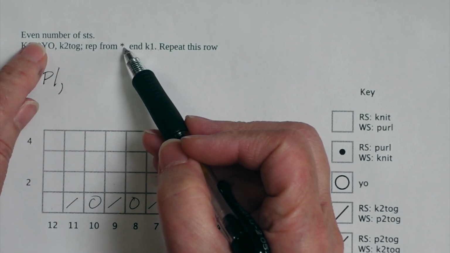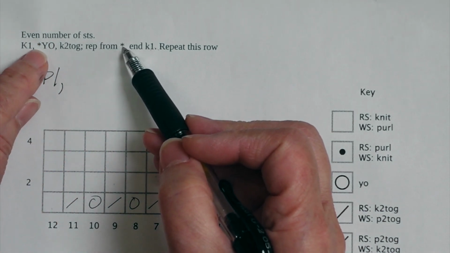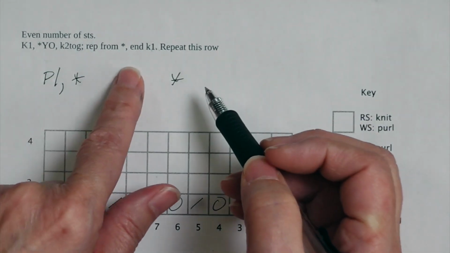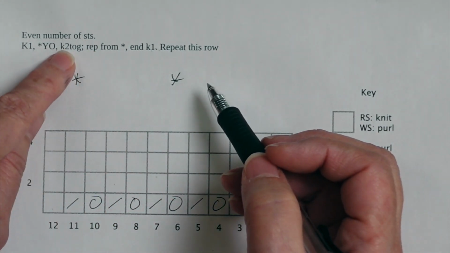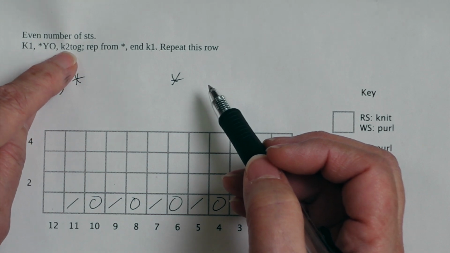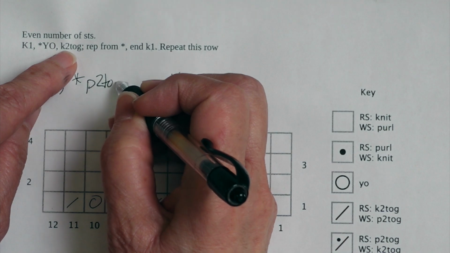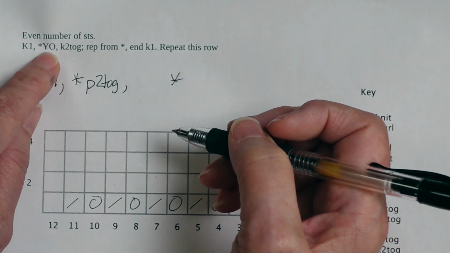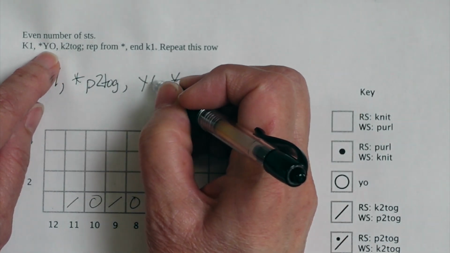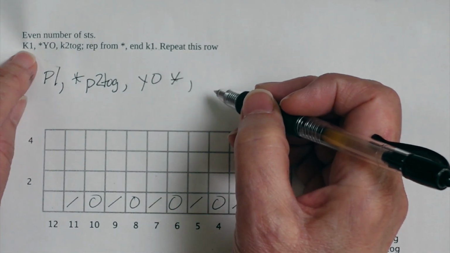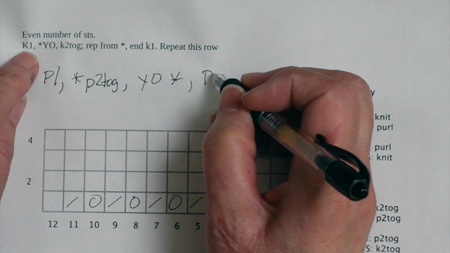Then we have this section with the asterisks that are indicating the repeat, and we work in the reverse direction. So we have to convert the knit two together into its opposite, which we've just discussed is a purl two together. And then we do a yarn over, and a yarn over is a yarn over. And then we're going to end by converting this knit one into a purl one.